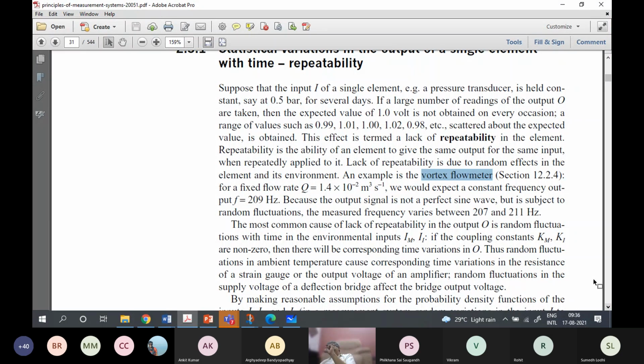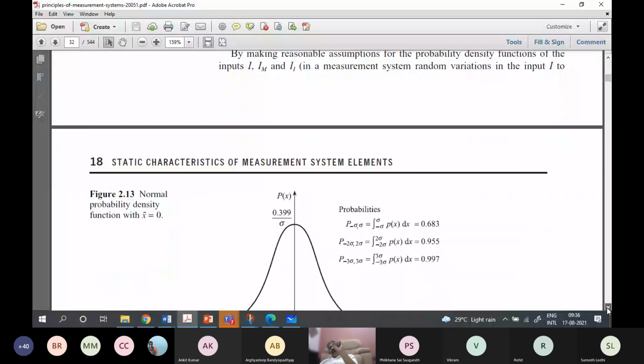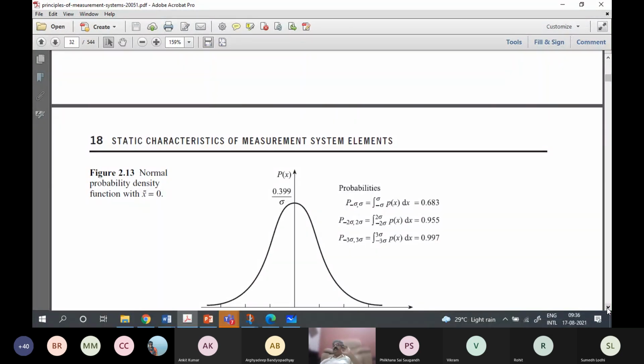deviations. So nonlinearity is a deviation around some nominal straight line which is defined. Repeatability is again a deviation from the same straight line, but not due to a nonlinear effect.